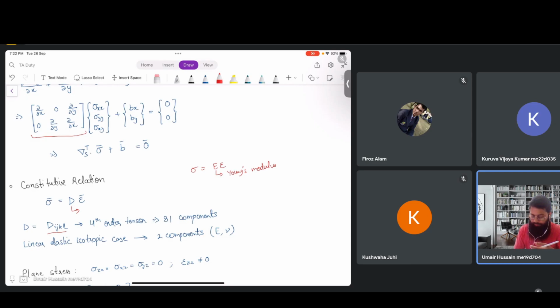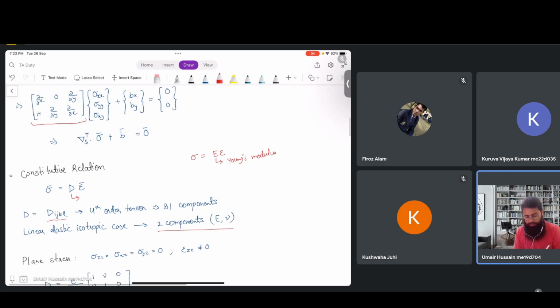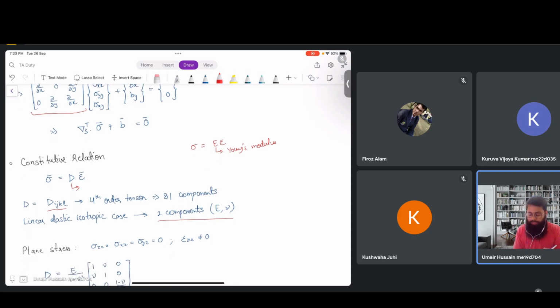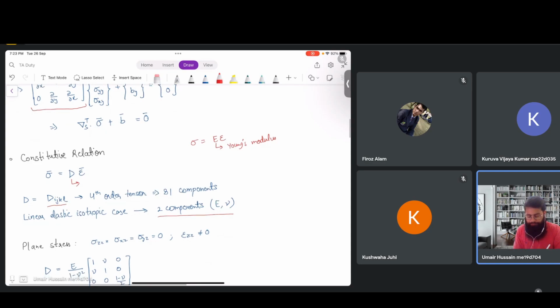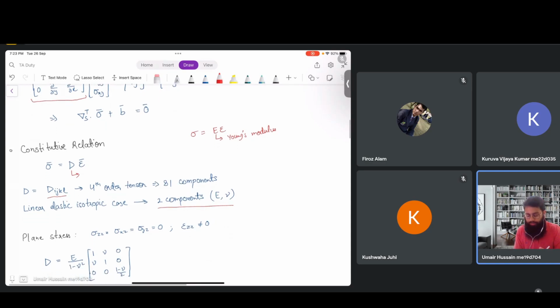And mostly we consider the isotropic case with linear elasticity, so then these components are reduced to just two components. In general, it can be the Young's modulus and Poisson's ratio, but there are other constants also, and we just need to know two constants, and the rest of those can be derived.